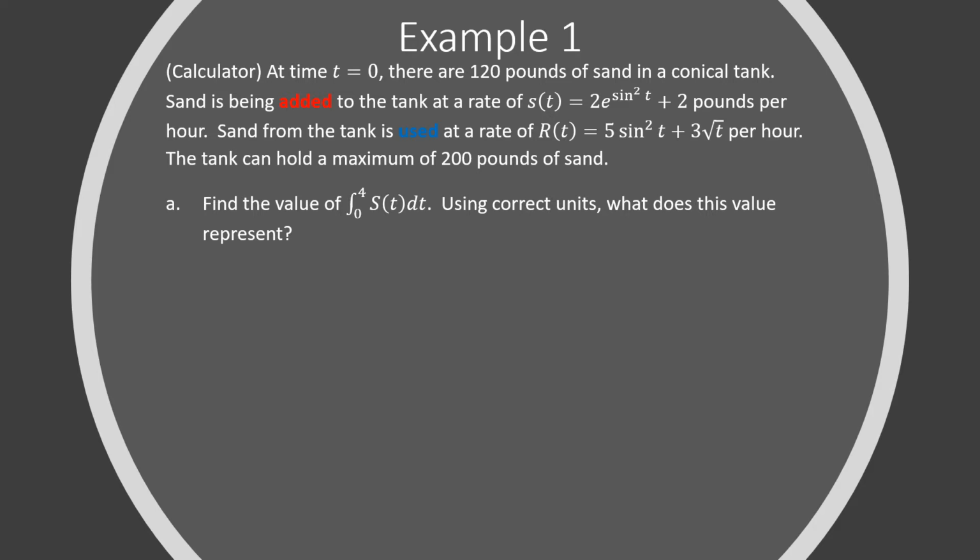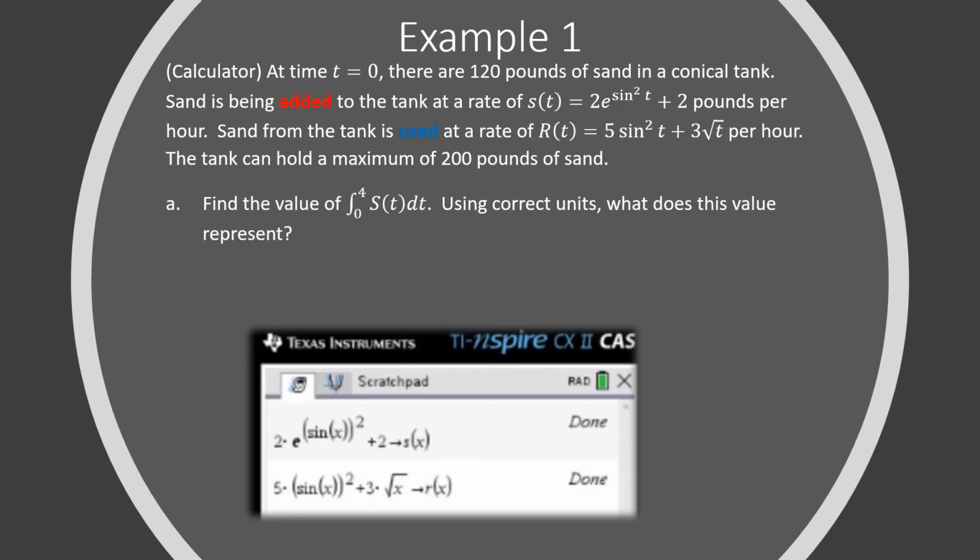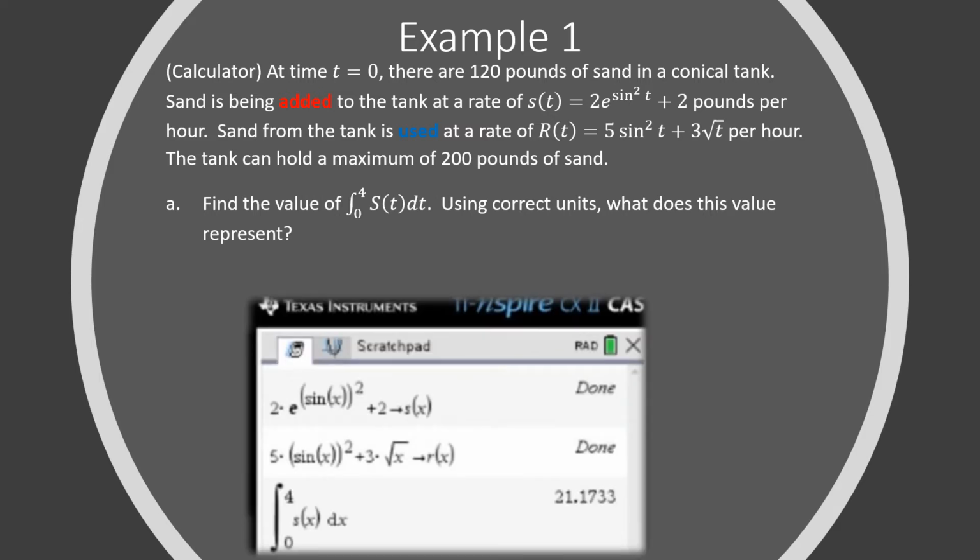So the very first thing I'm going to do is find the integral. I'm going to do the integral from 0 to 4 of S of t, and this problem is a calculator problem, so I'm going to type it into my calculator. Before I type it in, I'm going to store the function S of t and the function r of t as shown below. Once I have it stored, I can simply do the integral from 0 to 4 of S of x dx, or S of t dt, however you stored it.